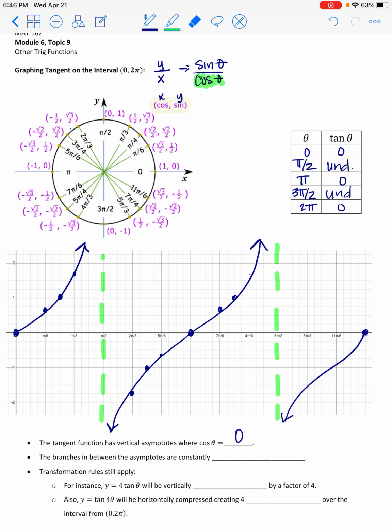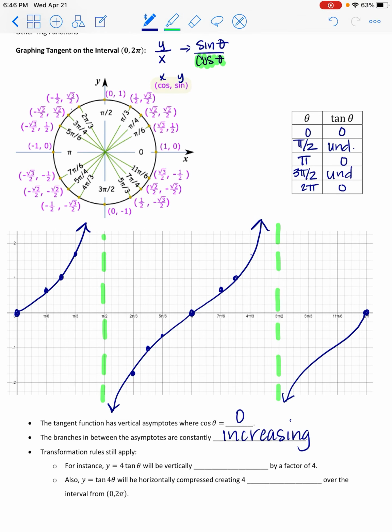Okay, and then there are branches in between the asymptotes there, and those branches are constantly increasing. Okay, and the transformation rules that we've discussed, they still apply.